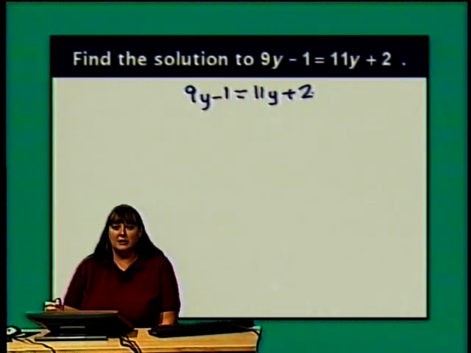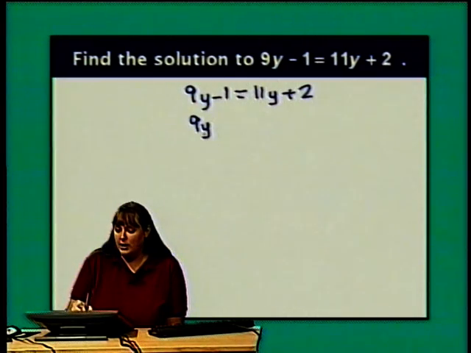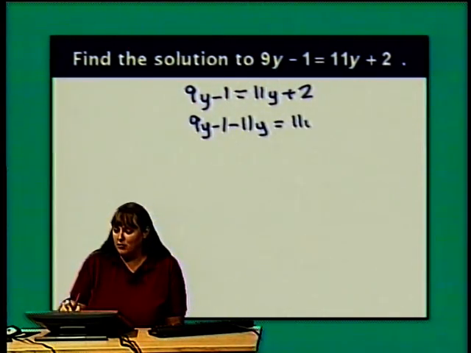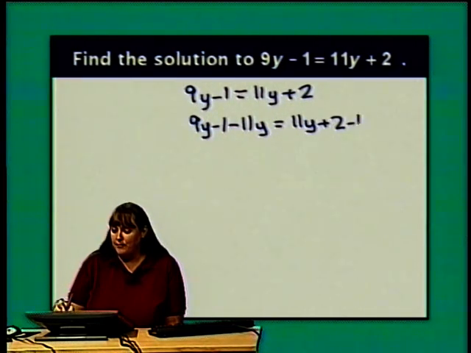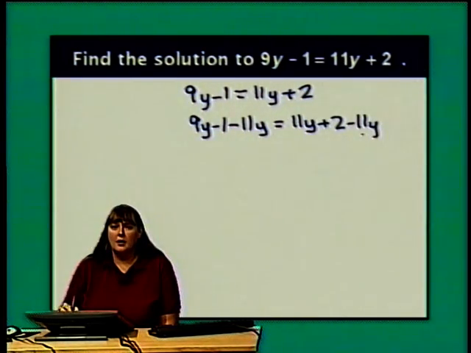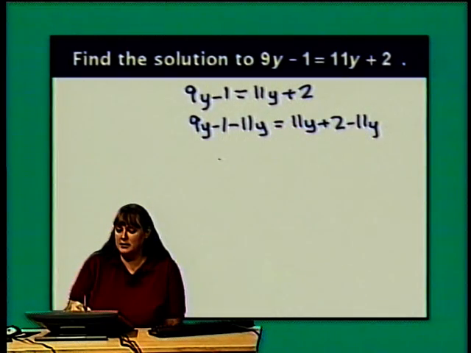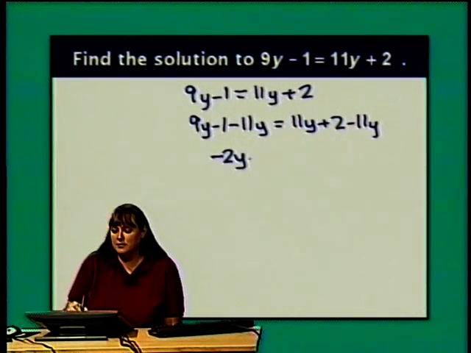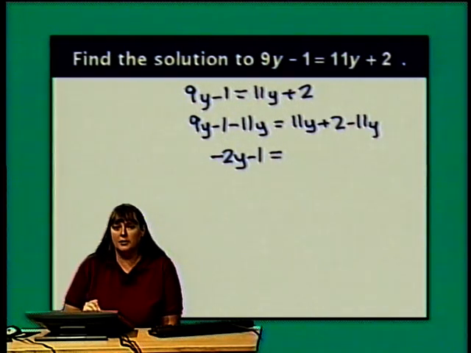To do that, I would need to subtract 11y from both sides of the equation. So 9y minus 1 minus 11y equals 11y plus 2 minus 11y. 9y minus 11y is negative 2y. So I have negative 2y minus 1 on the left-hand side of the equals. On the right-hand side, all that I have left is 2.